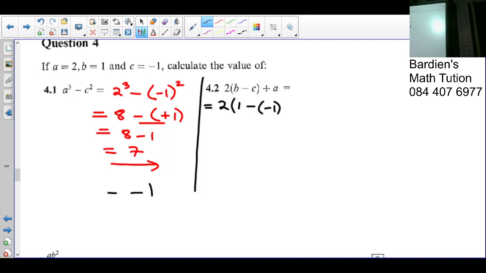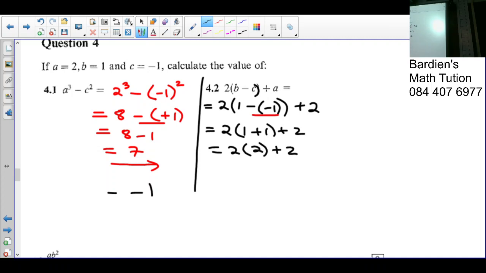So I close the bracket because it's being closed there. Plus, what's your A value? 2. You all agree with that? At this stage, I'm going to sort inside this bracket first. What's negative times negative? Positive. 1 plus 1 is? 2, well done. Sounds like you guys know what you're doing. What's 2 times 2? 4. So it's 4 plus 2? 6. Okay. Any confusion here? No?